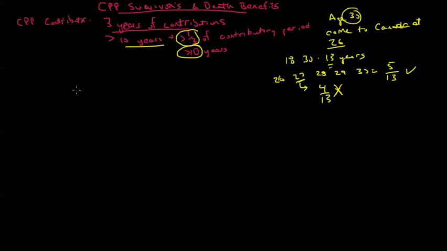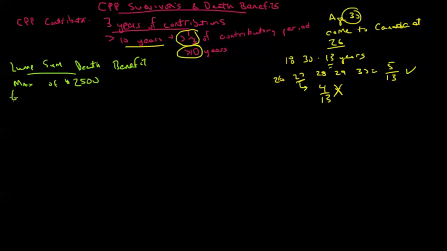Once we know that they qualify, there are 2 sets of Canada Pension Plan benefits here. The first is a lump sum death benefit. The lump sum death benefit is a maximum of $2,500, but not everybody gets $2,500.